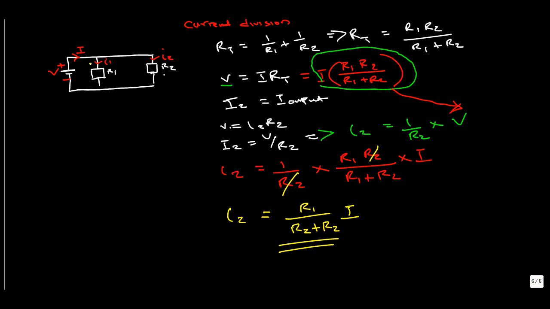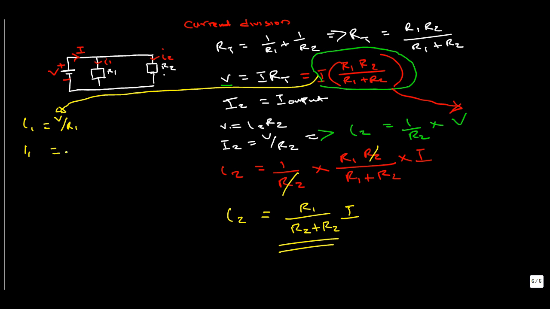If you want to obtain the current flowing across resistor 1, I1 is equal to V over R1, and you already know what V is, so again substitute it in here.